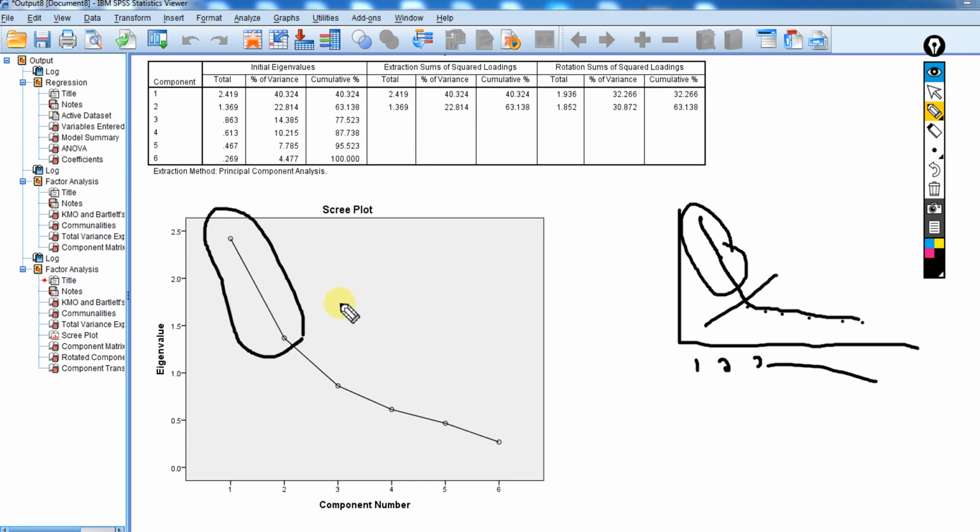Let's say, for instance, that what we had was something that looked a little bit like this, with component 4 looking like this, so you had this tapering off down here.